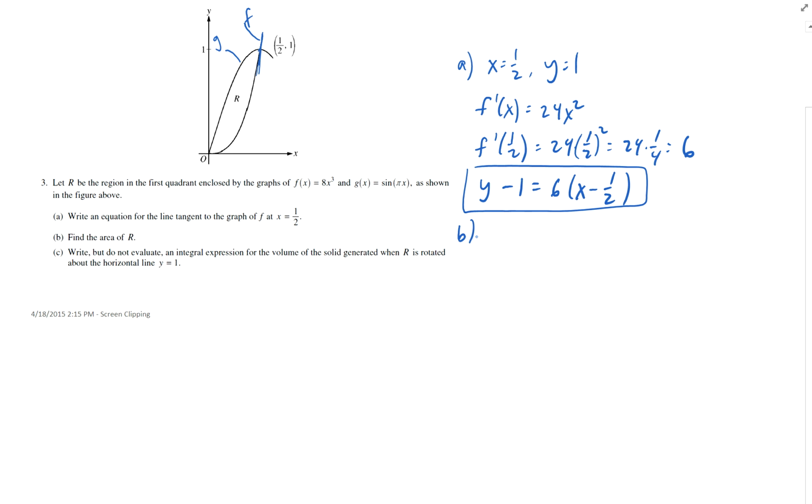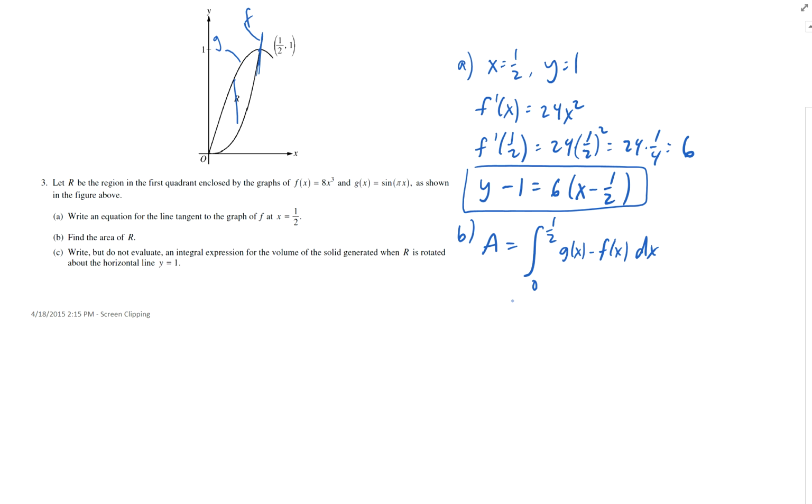Find the area of R. By now you probably ought to be good with just saying it's the top function minus the bottom function. So it's the integral from 0 to 1/2 of g of x minus f of x dx.